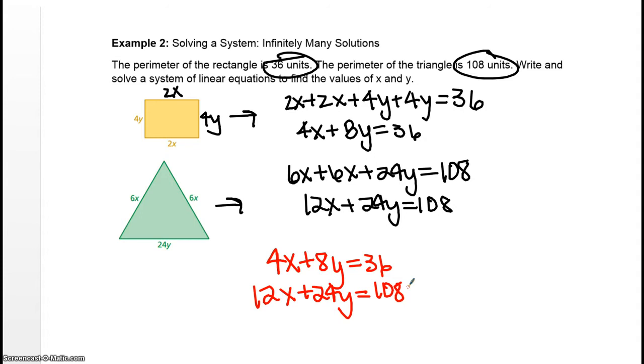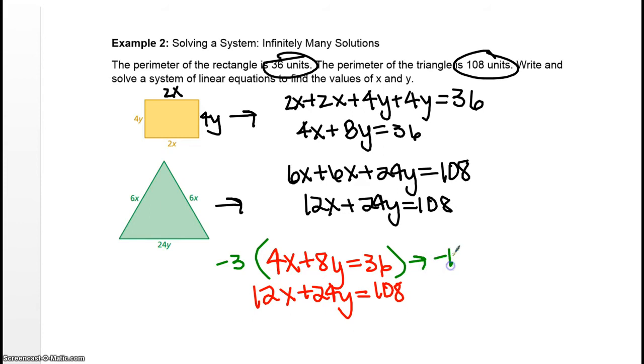Okay, so now I need to determine, I know I don't have any matching coefficients, and I know one of them has to end up being negative, so I have to figure out which one I need to multiply by. I'm going to choose to get rid of the x's, so I need to multiply this by negative 3 so that this turns into negative 12.